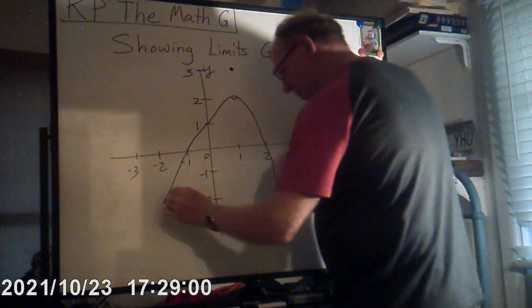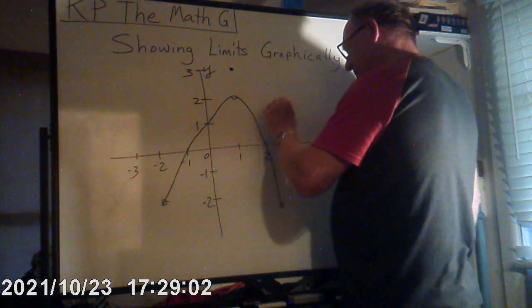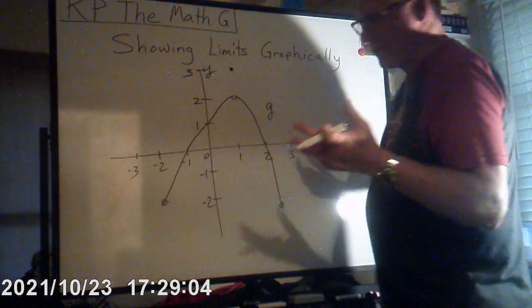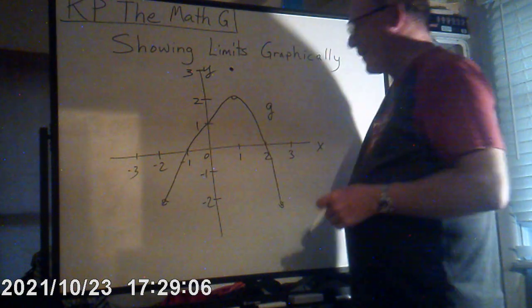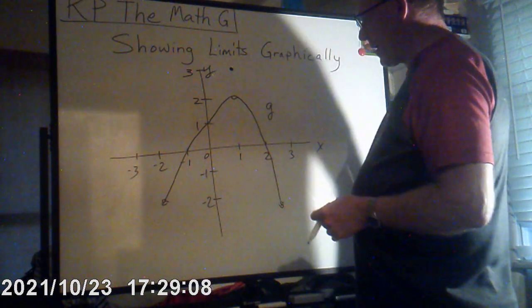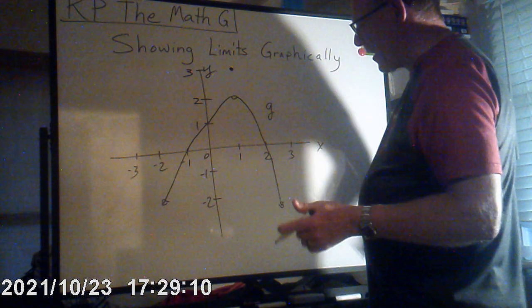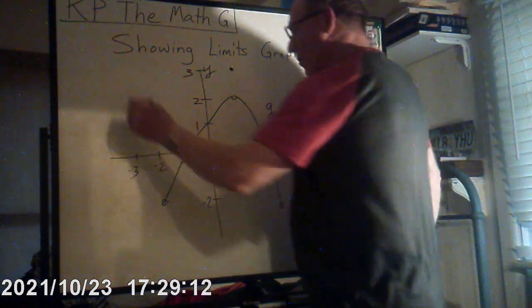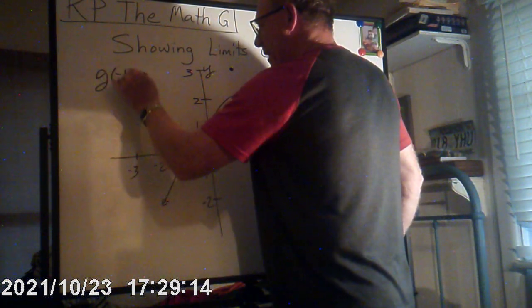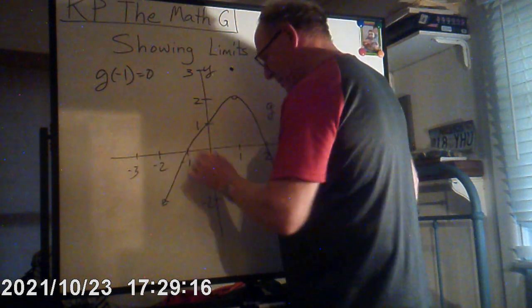Okay, so we'll call this a function of g. It doesn't matter, we could call it g or f or anything we want. So we can begin by saying g at negative 1 is 0.